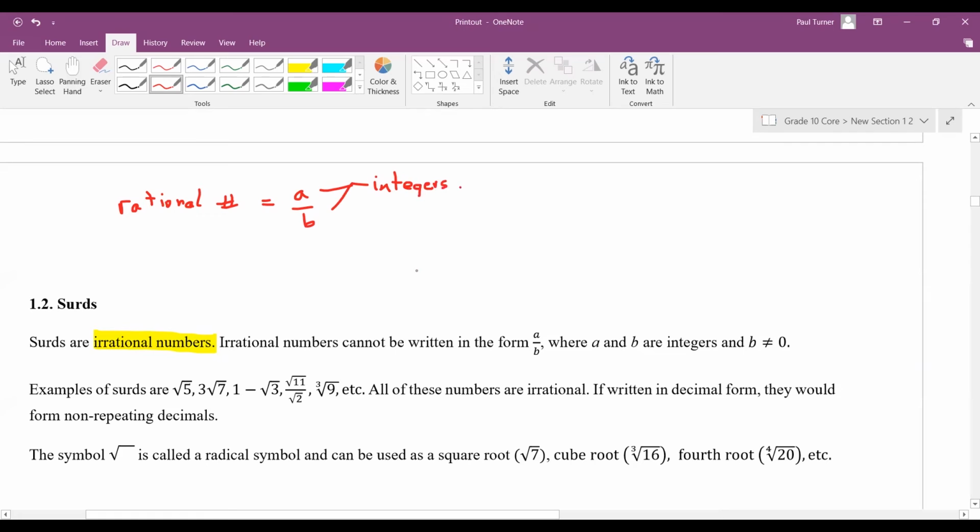So for example, 3 on 4 or 0.2 is okay because that would be 2 on 10. As long as you can write it like a fraction of two integers, those are rational numbers. So if you had root 4, well, root 4 is 2, and 2 is the same as 2 on 1, isn't it? So this is a rational number, rational.